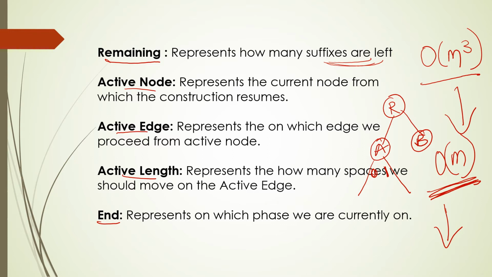That is the labels. Let's just assume we have a BA here and it says active length as 2. We'll be in this position. So we don't start from the root, we start from the A label, where active edge is 1, active node is A, active length is 2. Yeah, this is just an example.